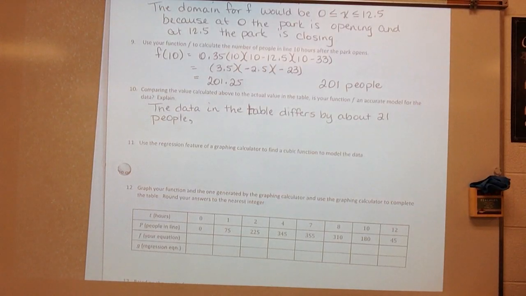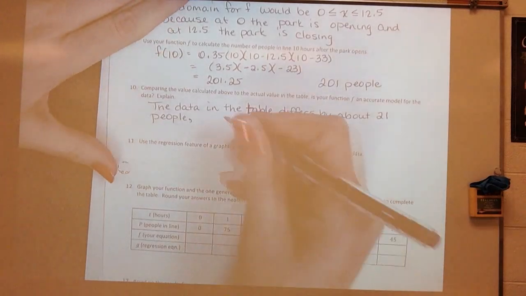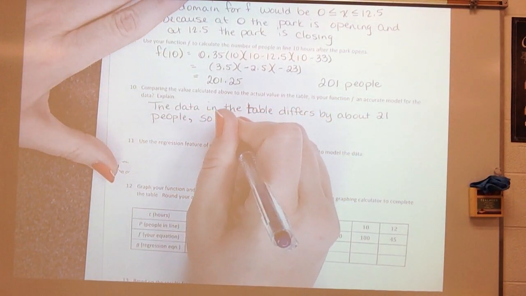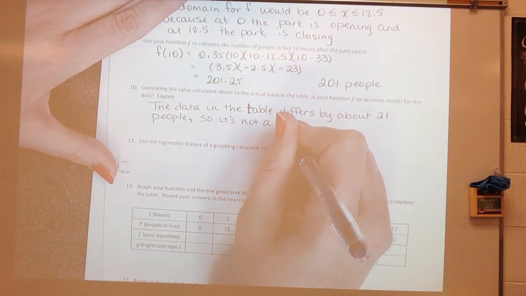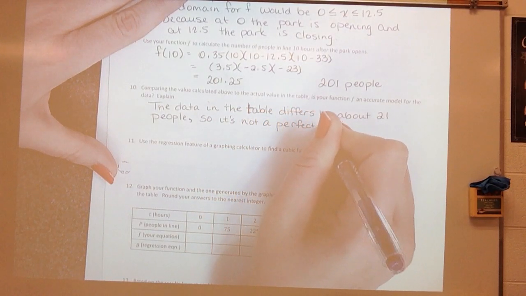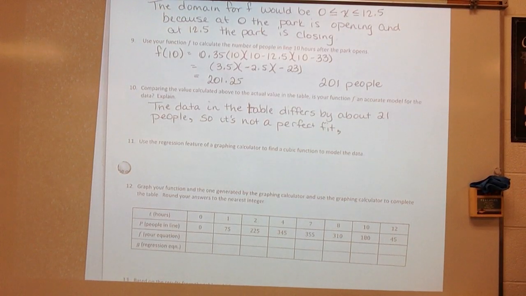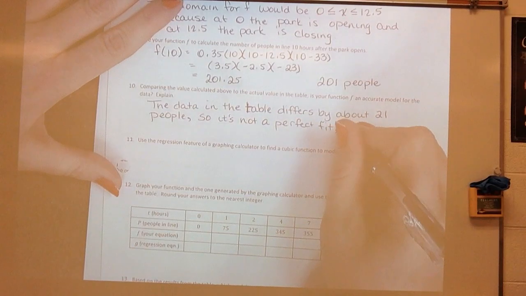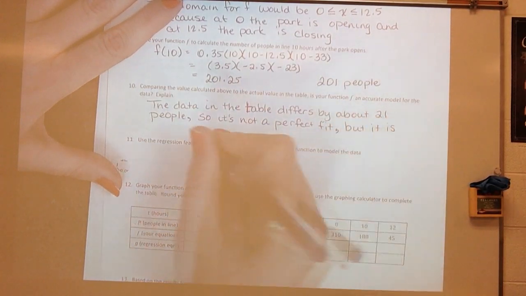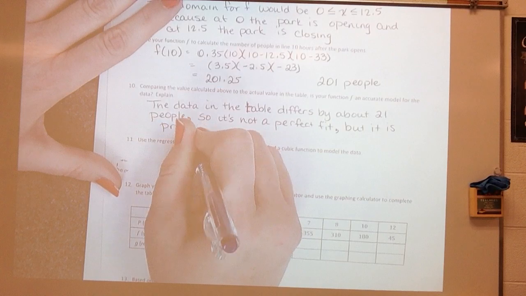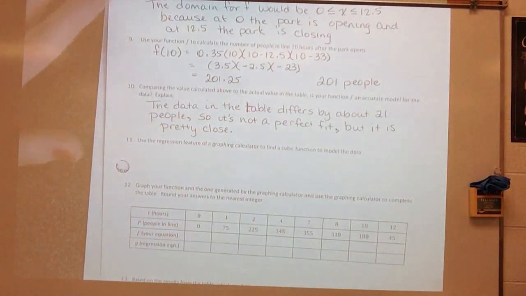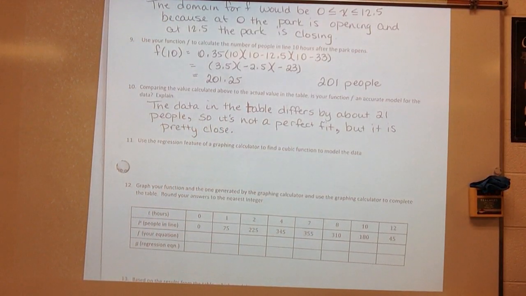So we know that our model's not perfect, that our function's not perfect. But it's not so far off that it's bad. It's pretty close. Alright, so it's not perfect, but it's pretty close.